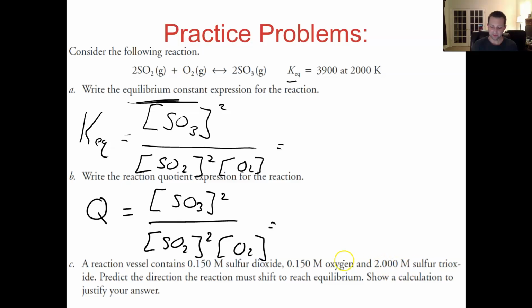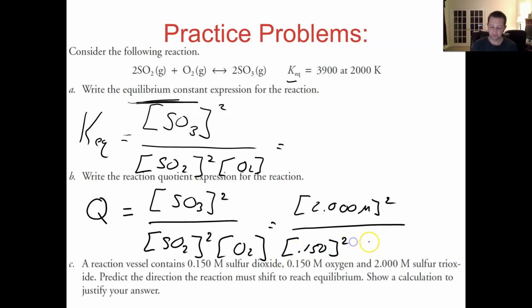We have 2 molar sulfur trioxide, so we'll have 2.000 molar squared over SO2, which was 0.150 squared, and O2 is also 0.150.